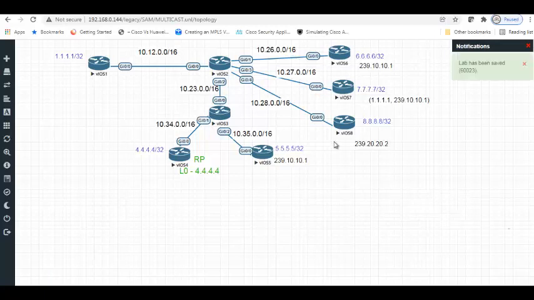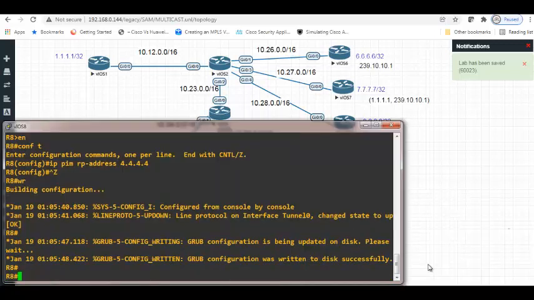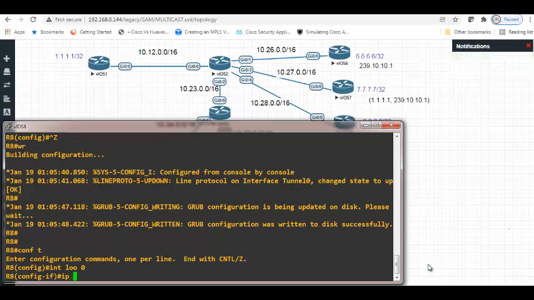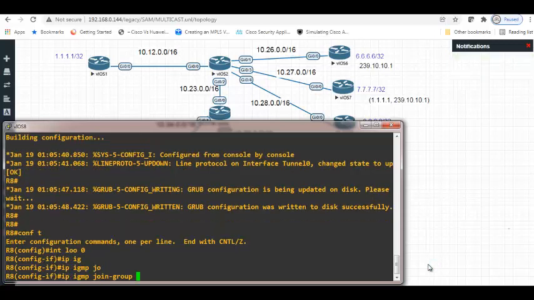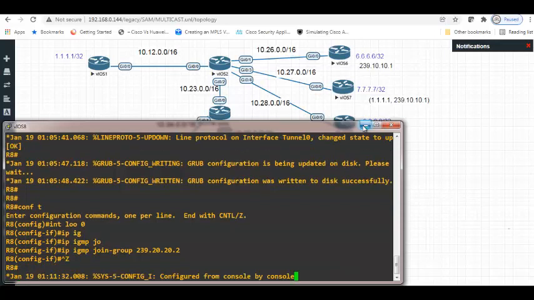Alright, on R8 I'm going to say interface loopback 0, IP IGMP join group 239.20.20.2. Now you will see a new enrollment on R4.